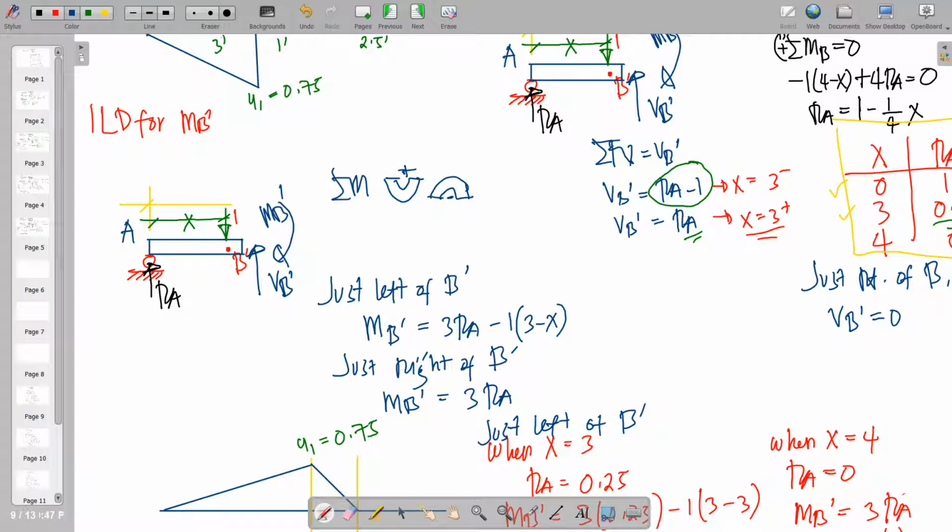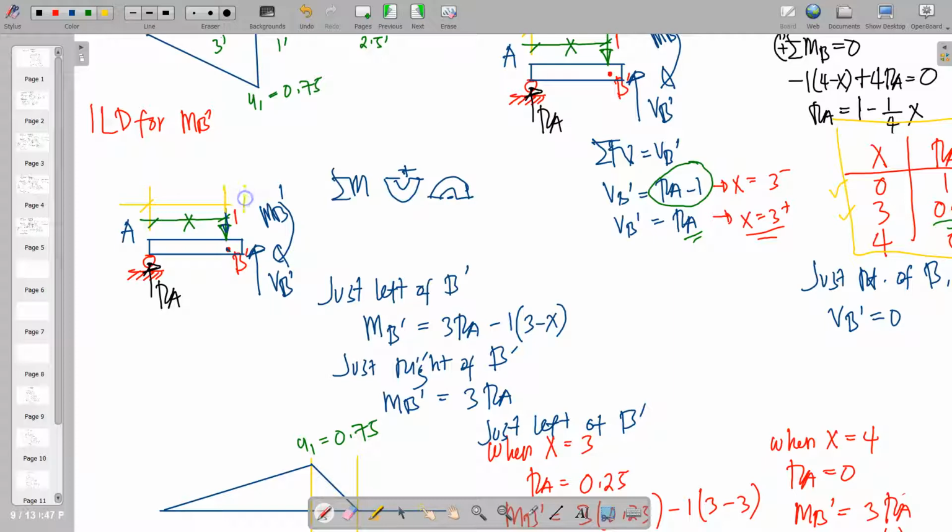As we can see, MB prime is equal to 3 times RA. So just take moments at this point. That is a positive 3 RA minus, so this one, 1 is still on the beam. So we will have this distance.